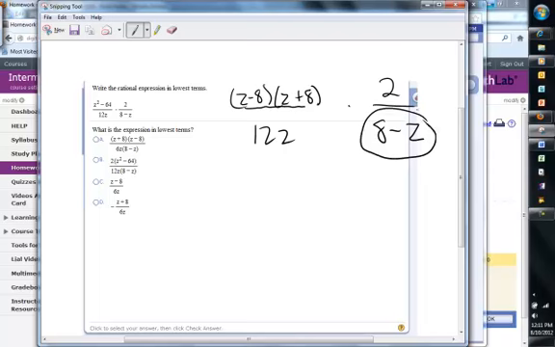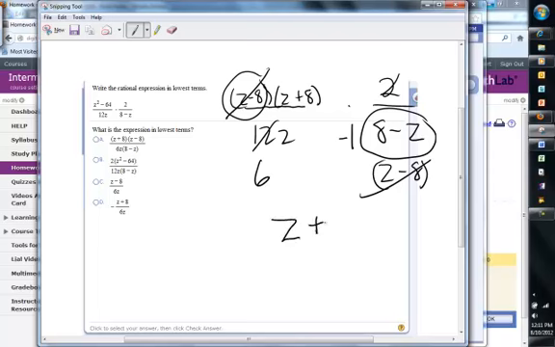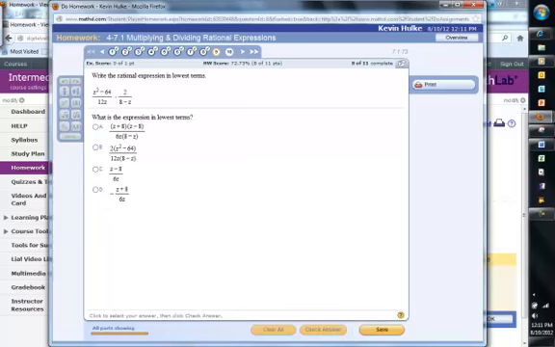Now the difference between this one and the previous one is that if we put a negative sign here, that'll make it z minus 8, and now we can cancel that. 12 and 2 cancel for a 6 on the bottom. And so we're left with z plus 8 over 6, and put a negative sign out front. Negative z plus 8 over 6.